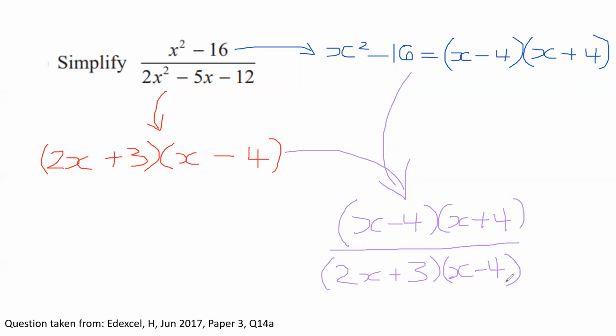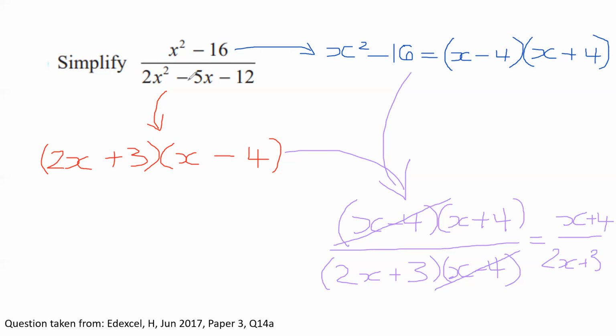Hopefully you can see at this point that we are able to just cancel out the x minus 4 from both the top and the bottom, leaving us with just (x plus 4) over (2x plus 3) as the final answer, which I'm sure you'll agree is considerably simpler. This has much fewer terms involved than this rather horrible looking algebraic fraction that we started with.